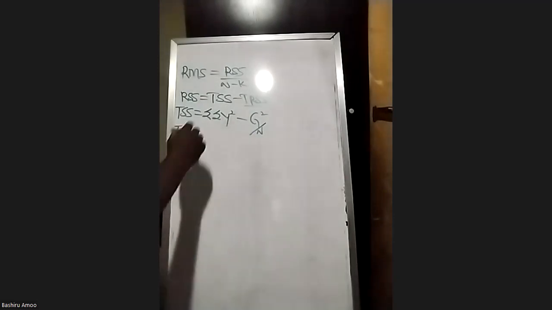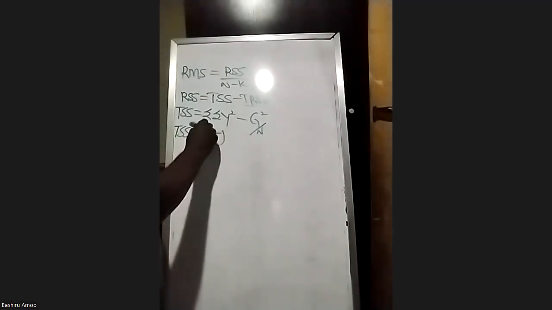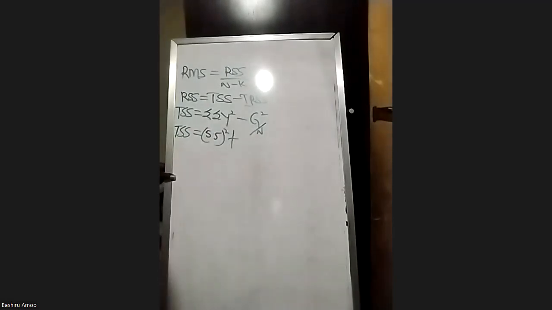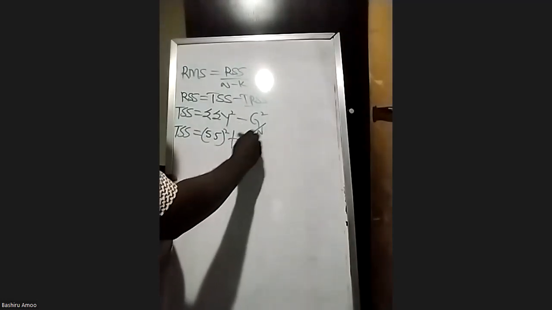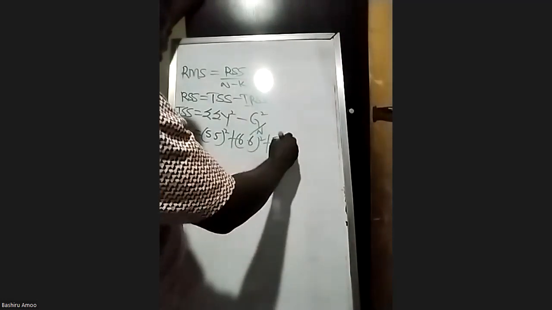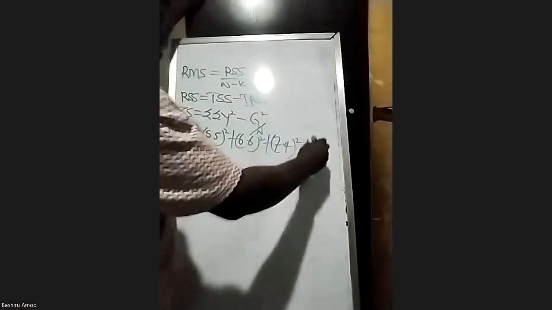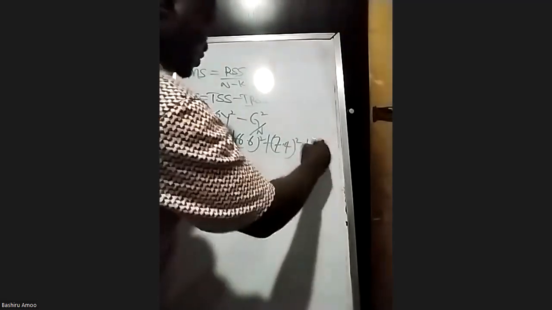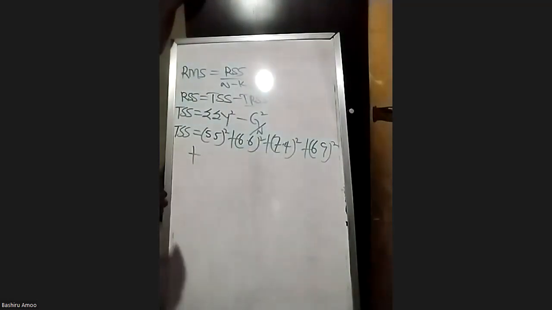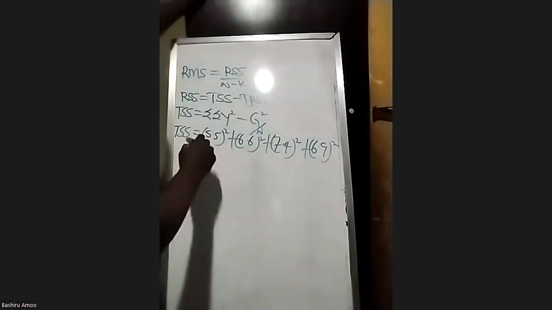The first value there is 5.5 squared, plus 6.6 squared, plus 7.4 squared. Please be punching the calculator like that because of time. Then 6.9 squared, right? 7.2 squared.